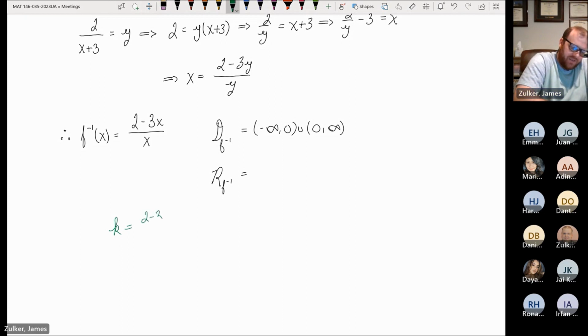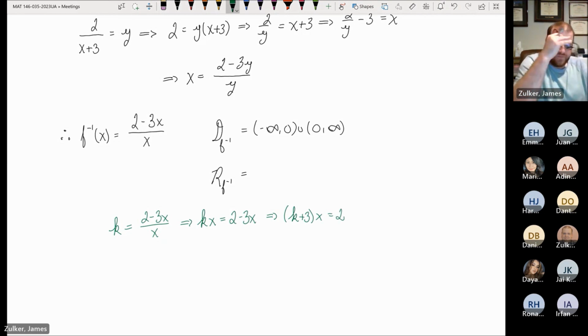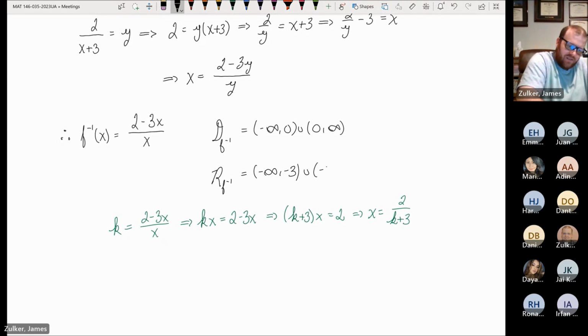Remember, is do this. Solve for x, and we go, oh, well, k can't be -3, right? So the range would be everything but -3.